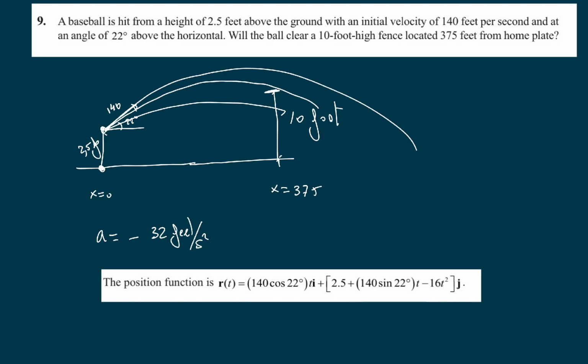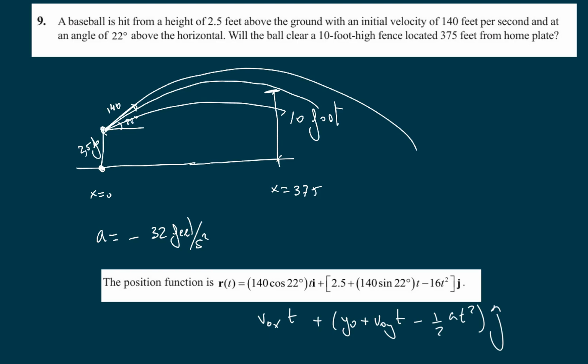Let's write the equation: v0x t in the i direction, plus y0 plus v0y t minus 1/2 of the acceleration 32 t squared, everything in the j direction. This is the equation that we have used in the previous problem.